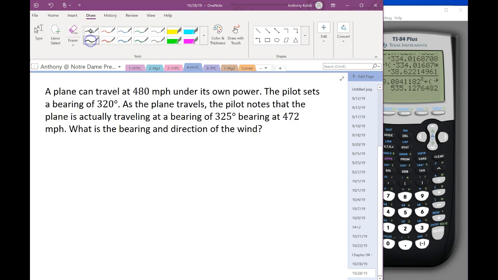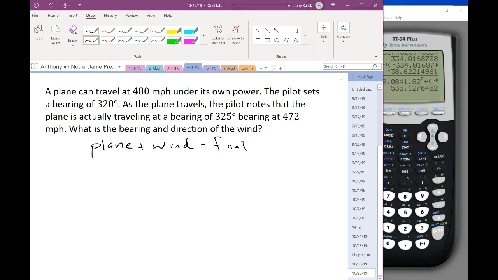So what we observed from the last problem was that when we added the plane and the wind together, we got that final result, right? Like how fast and what direction the plane is actually traveling. Here we're asked about the wind.